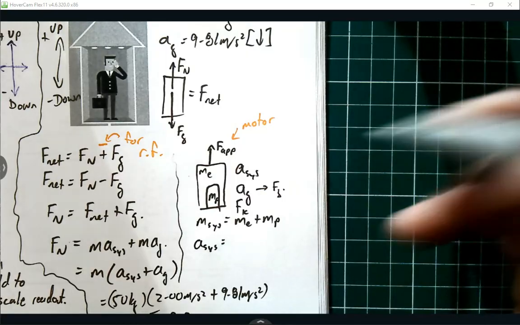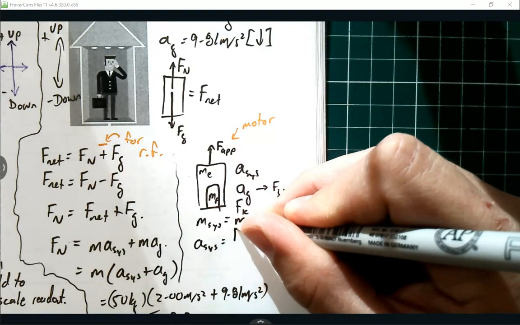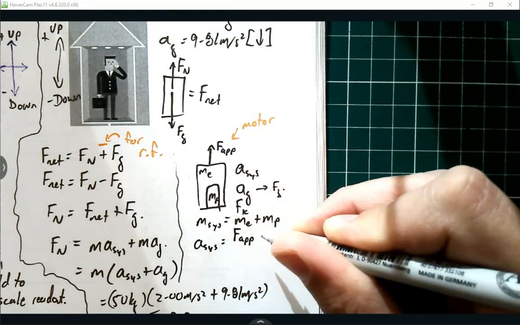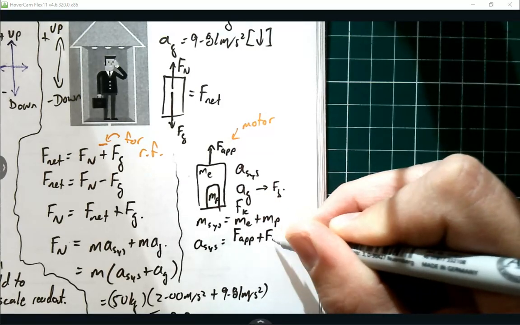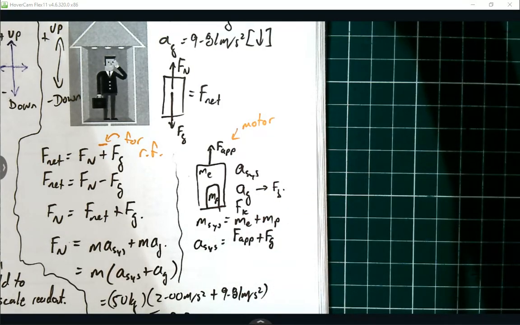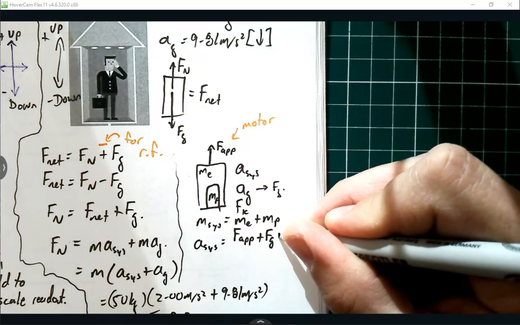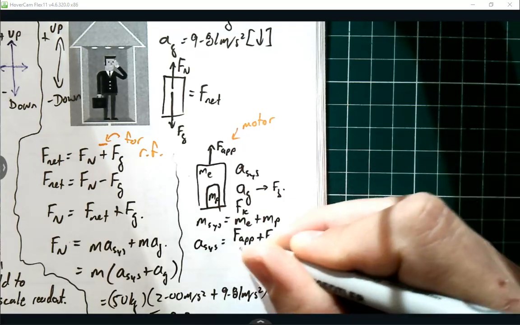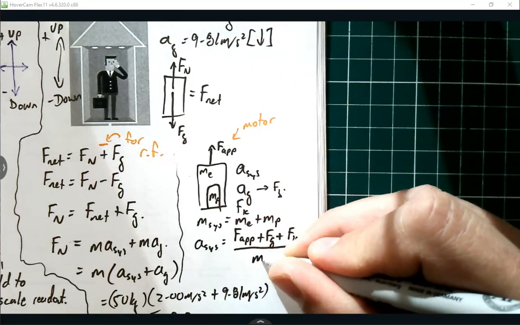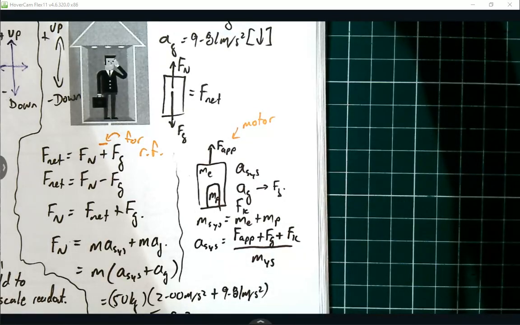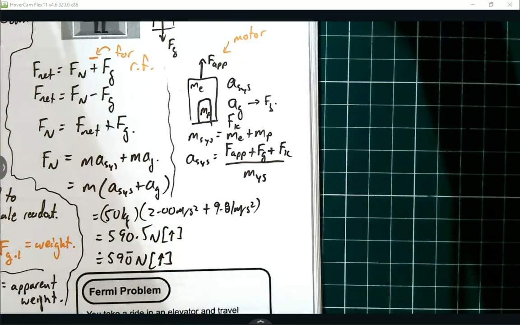Well, in this case, the F net for the system would be F applied, the motor, plus Fg, and I could even say it's Fg acting on both the person and the elevator, plus Fk, all divided by the mass of the system. And I've kind of painted myself into a corner here.